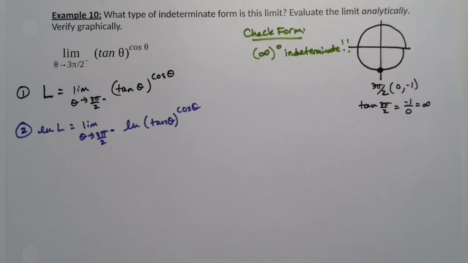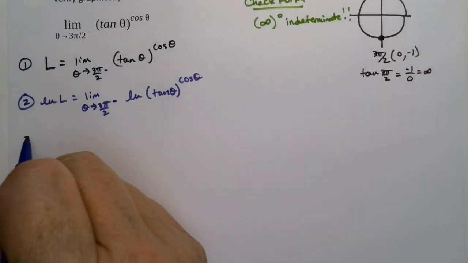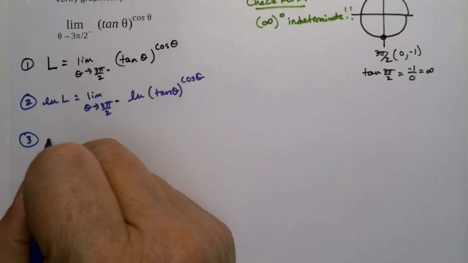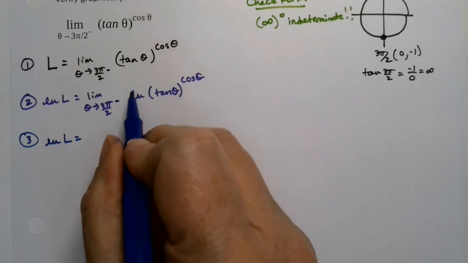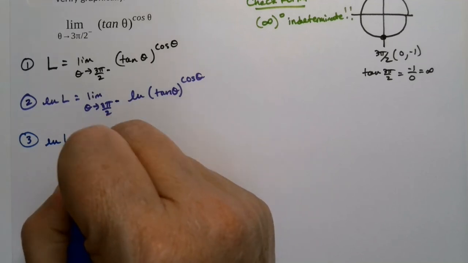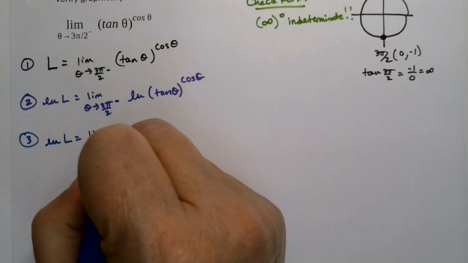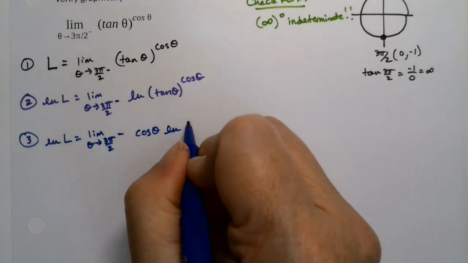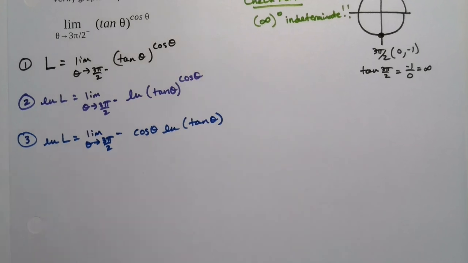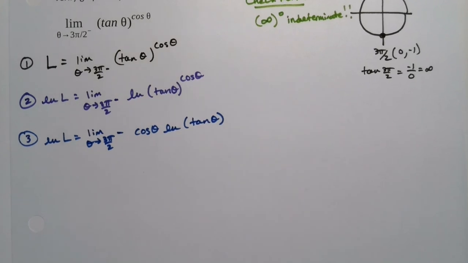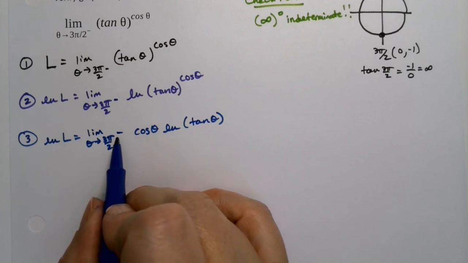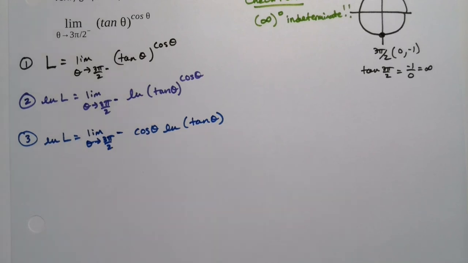And then at this point, we are going to use algebra, trigonometry, everything. So this is the natural log of L equals, bring the cosine, so the limit as theta goes to 3 pi over 2 from below of the cosine of theta times the natural log of the tangent of theta. And we're going to keep using that algebra trick, but I'm going to use it right here. So remember that 1 over 1x?